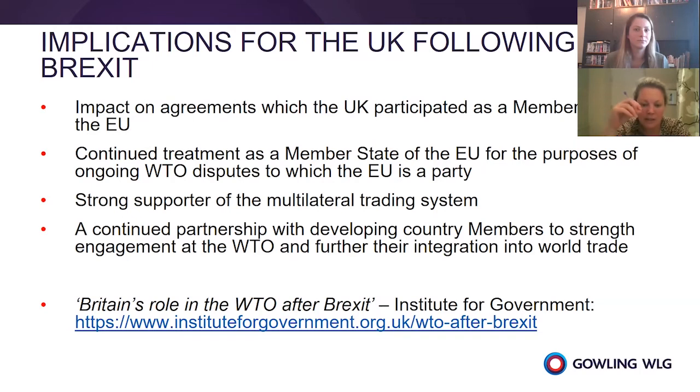And interestingly, where we think the UK should try and draw inspiration is to look not at the noisier members of the WTO, which have a lot of clout just by their sheer size and the volume of international trade, so, for example, the US, China, the EU, but actually to look at the tier below that.